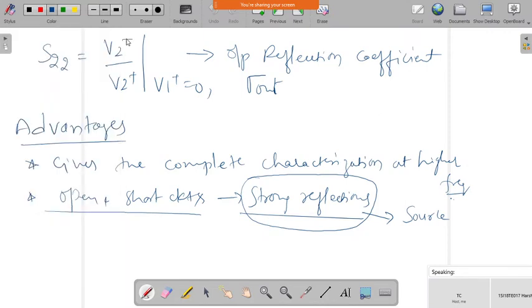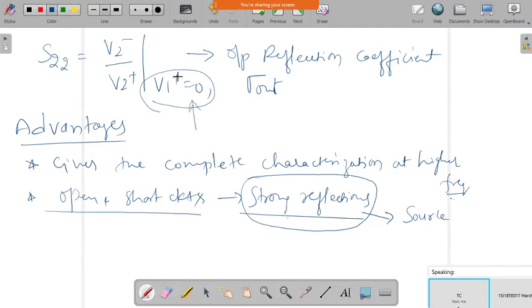And one more, as I said, these S parameters require matched terminations or matched load terminations. What happens is that the matched load absorbs the energy and it will reduce the strong reflections which would come.